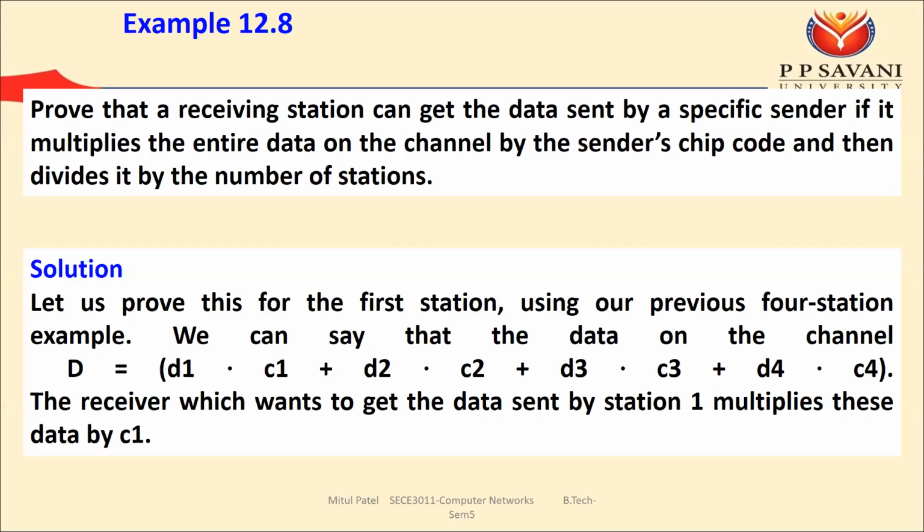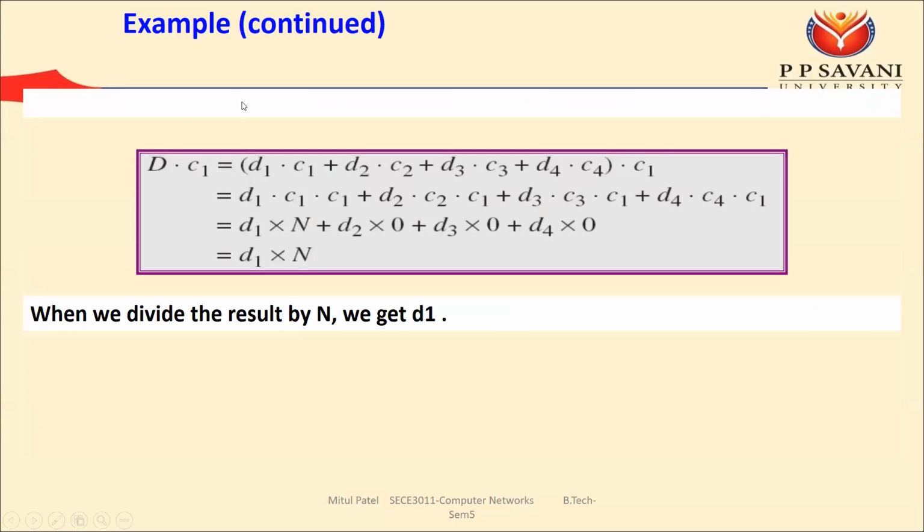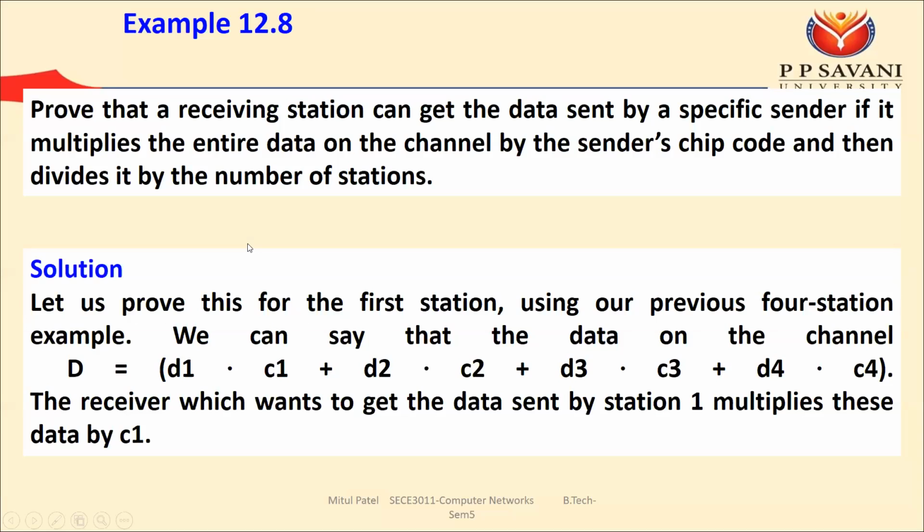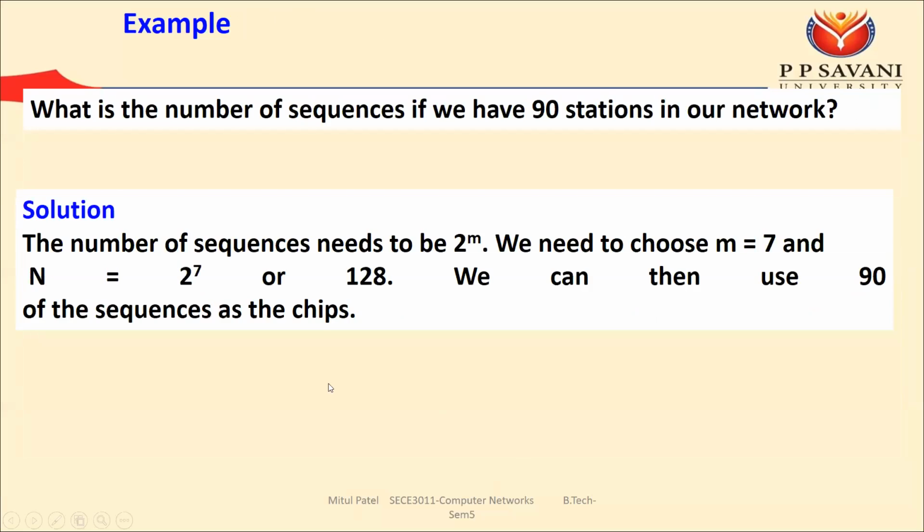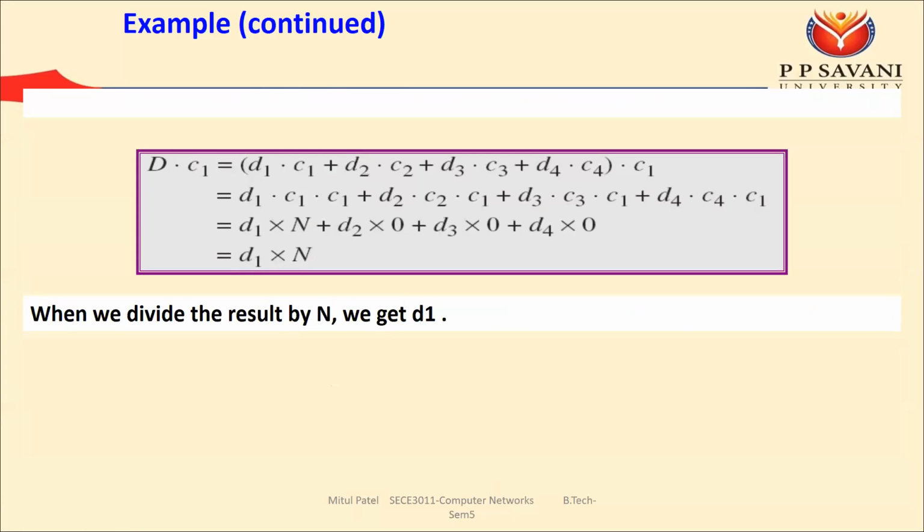So by generalization, the common data on the channel is D1 into C1 plus D2 into C2 plus D3 into C3 plus D4 into C4. Suppose station 1 has sent data to station 4, and station 4 wants to know what station 1 has sent.